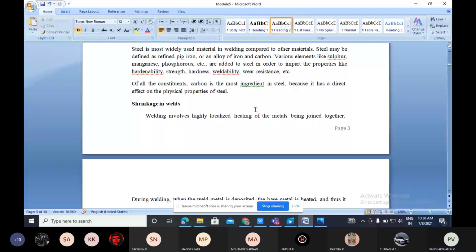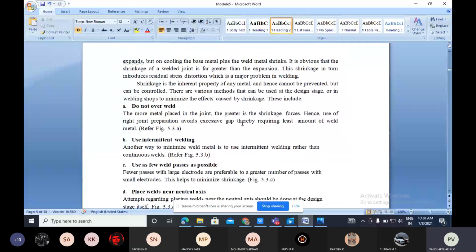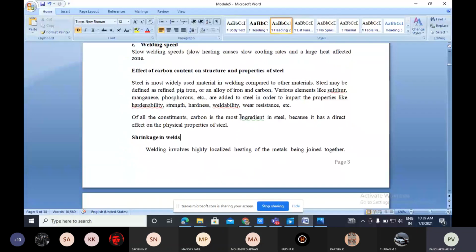So the entire steel structure depends upon the carbon. High strength, low strength, whether it is heat treatable or non-heat treatable, carbon is responsible. Okay. So mild steel is normally 0.3% carbon, 0.2% carbon. That type of steel cannot be heat treated, so it is not going to improve any properties.